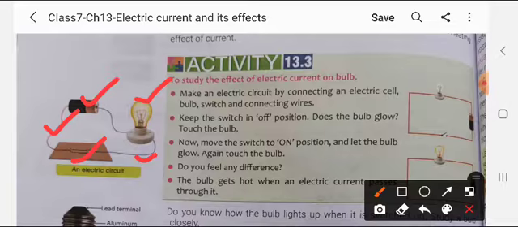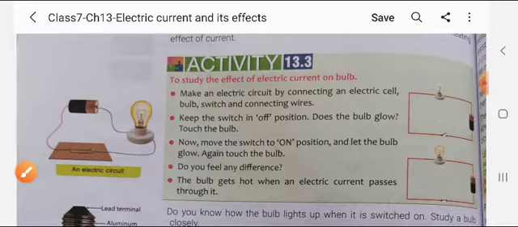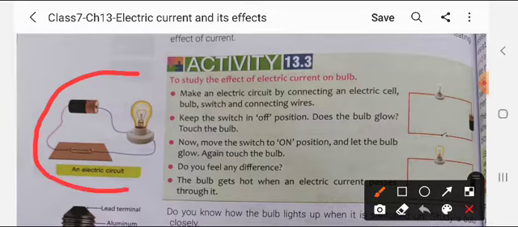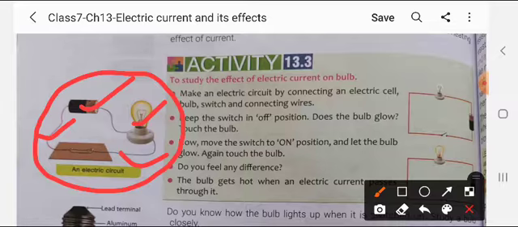As you have seen here, this is the whole arrangement of the apparatus, how the electric current makes a circuit. This is a closed circuit where the bulb, the cell, the two terminals, the wire and the switch are all in a closed circuit.